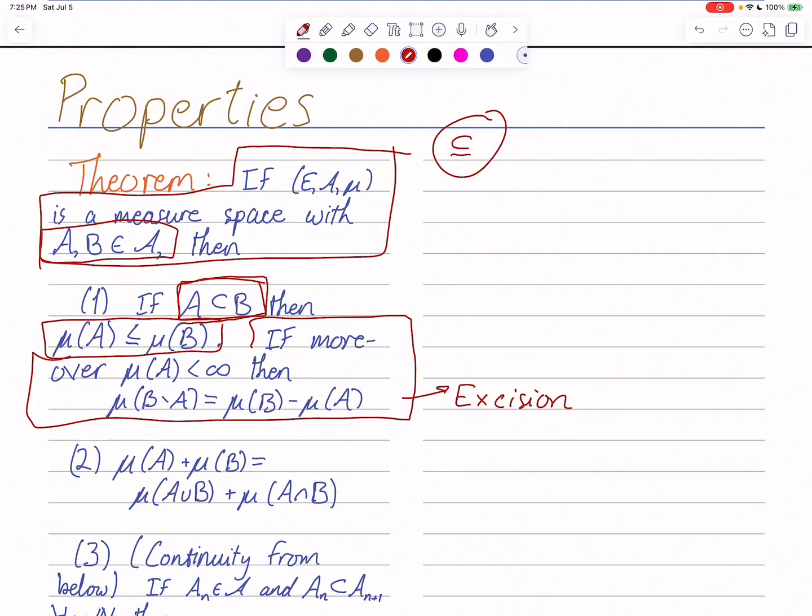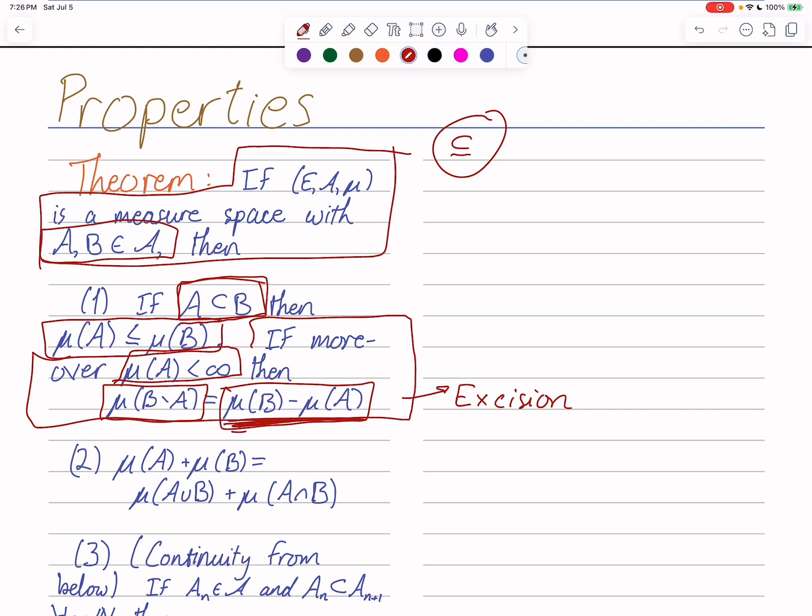It is the principle that the measure of B minus A is equal to the measure of B minus the measure of A. And it is important that this is only applicable when the measure is finite. There are examples where the measure is infinite and this equation is not correct. You can always tell when there's something to worry about with infinity because it has to do with minus.